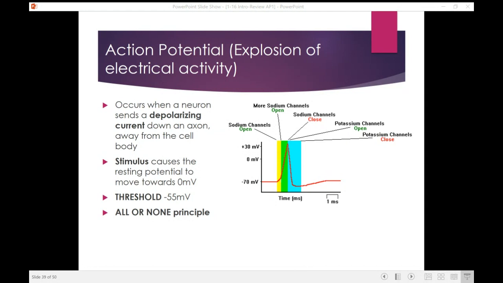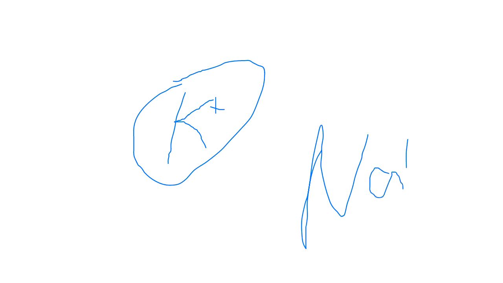Let me see if I can go back and show you that. Where's my whiteboard? So if I draw my little demonstration again, we have all of that potassium on the inside, all this sodium on the outside. Sodium is positively charged. The inside of this cell is negative, and I open up a bunch of sodium channels here.